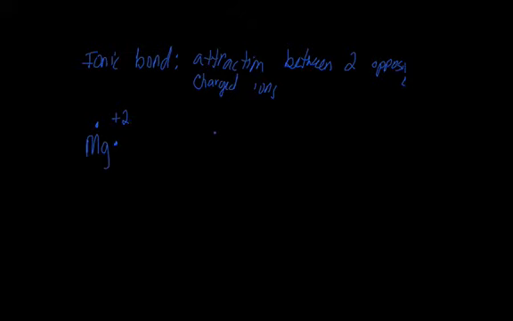And so there's an attraction between this positive charge and a negative charge. So if we take chlorine, for example, and we draw in our dot diagram, we know that this has a negative 1 charge on it. And so that attraction between the positive and the negative is what creates this ionic bond.